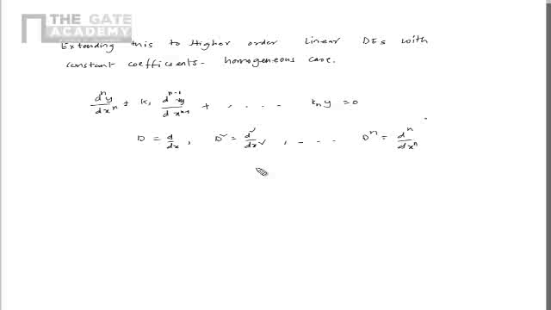So this equation will basically become D^n plus k1 D^(n-1), and so on, plus the constant kn, into y is equal to 0. Now whatever we studied for the second order case, we substituted y = e^(rt) into this, and for this to be a solution, the auxiliary equation has to be 0.